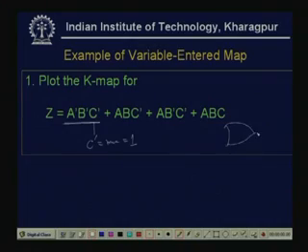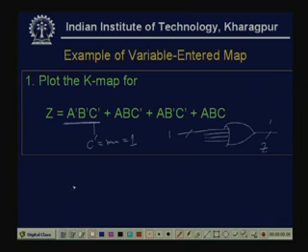That means again if we realize this is nothing but a 4 input OR gate, and if any one of the inputs of the OR gate is 1, then the output will be 1. So, this Z will be 1.